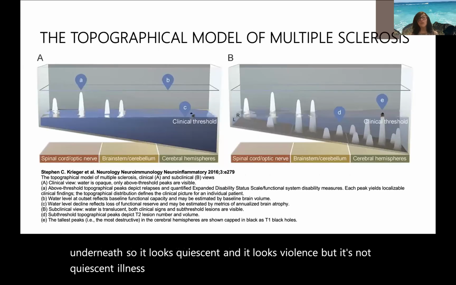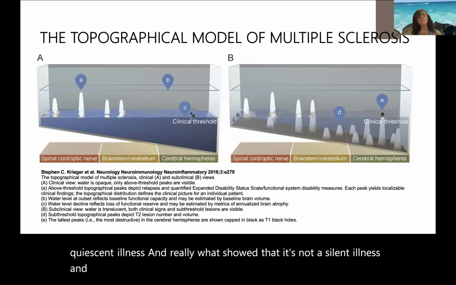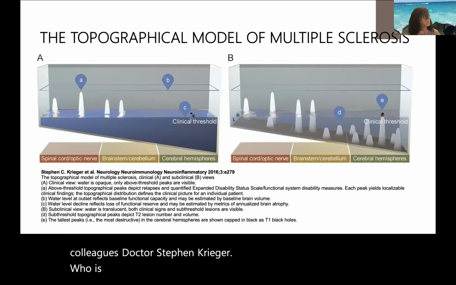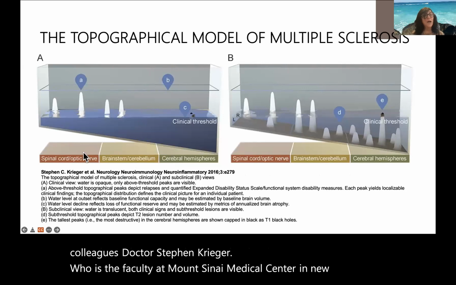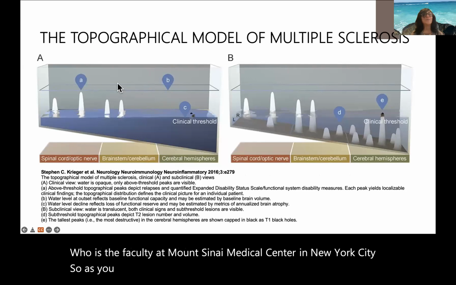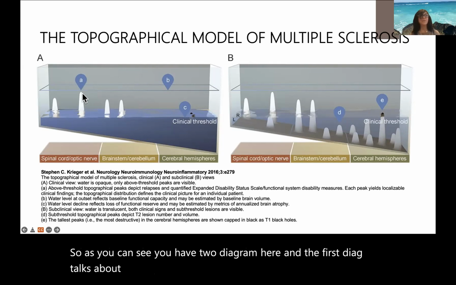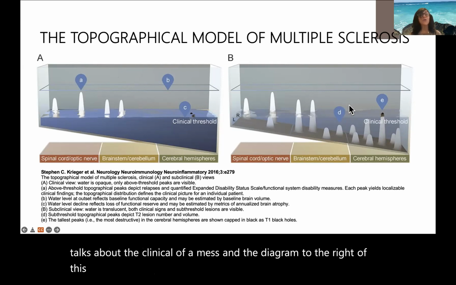And really what showed that it's not a silent, quiescent illness is the topographical model of MS of one of my colleagues, Dr. Stephen Krieger, who is a faculty at Mount Sinai Medical Center in New York City. As you can see, you have 2 diagrams here. The first diagram talks about the clinical presentation of MS, and the diagram to the right, the B diagram, includes also the subclinical, not only the obvious.